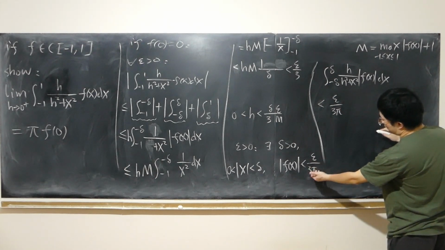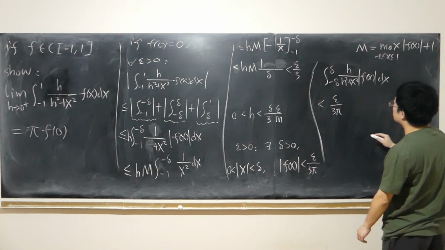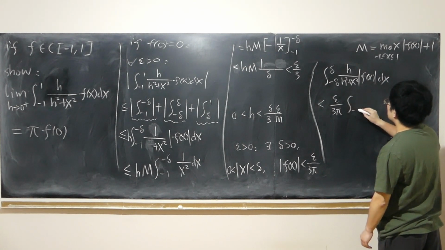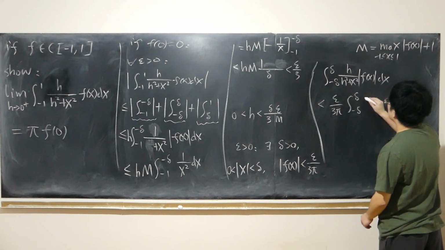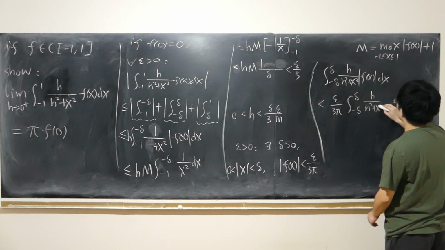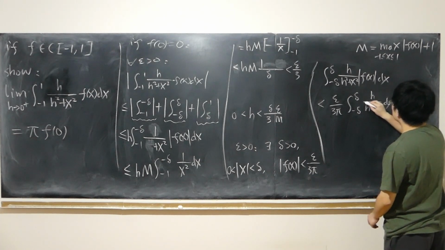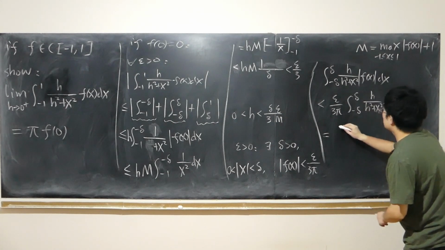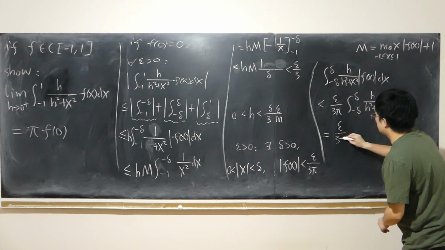I'll explain why it's epsilon over 3 pi. So I just need to work out the integral from negative delta to delta of h over h squared plus x squared dx. But this is easy to work out. This is just epsilon over 3 pi.